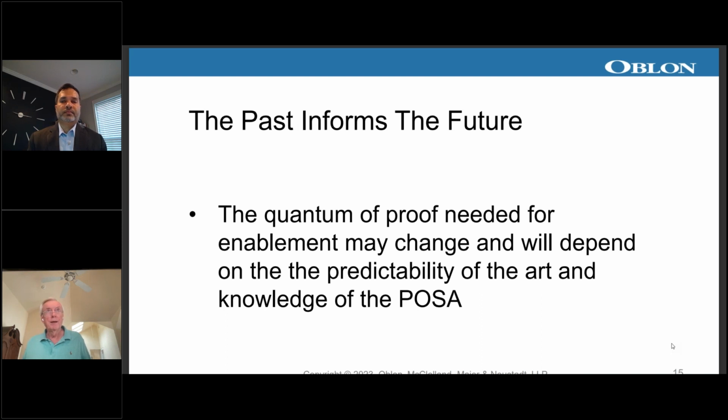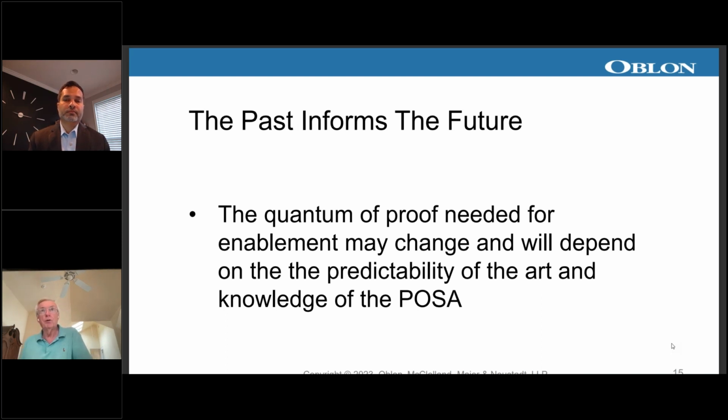Within a decade, cancer went from being an incredible utility to something that was reasonably predictable based on animal testing. So the advancement of technology may change the quantum of proof and turn things which would not have been earlier enabled into things that are enabled.